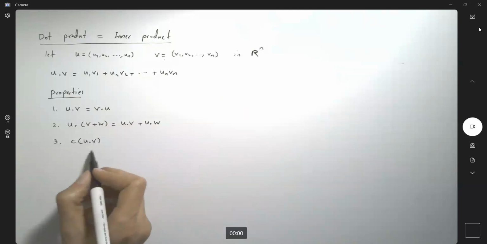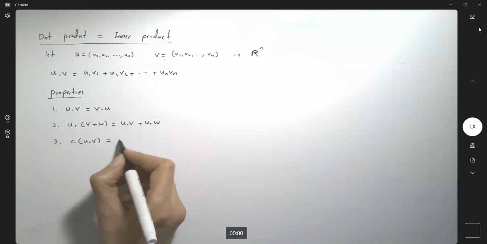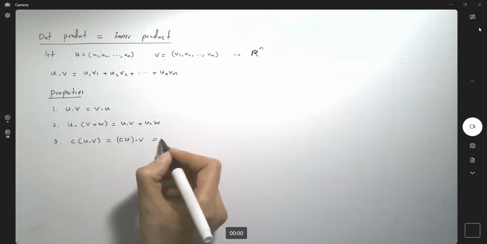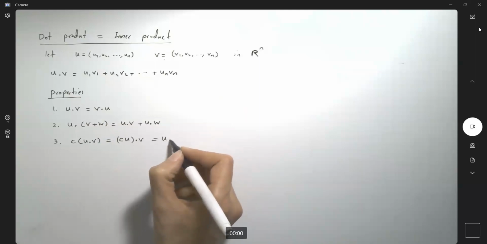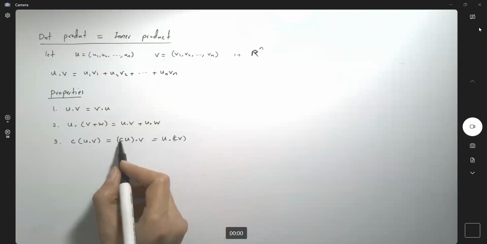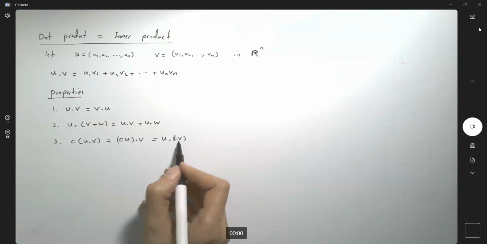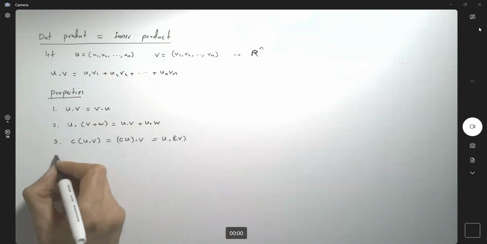C multiplied by the dot product is basically CU dot V, or you can write it as U dot CV. So you can have the scalar multiplication on the first vector or on the second vector. It doesn't change the outcome.